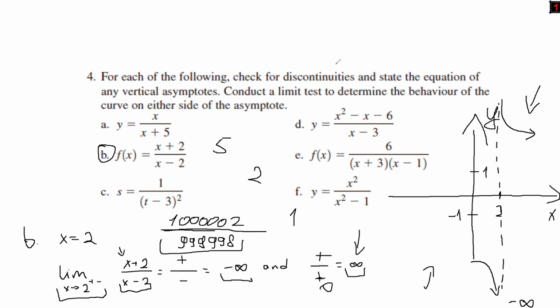So actually what I see here is that I'm also going to have maybe a horizontal asymptote later. And what would it be? I already see it.